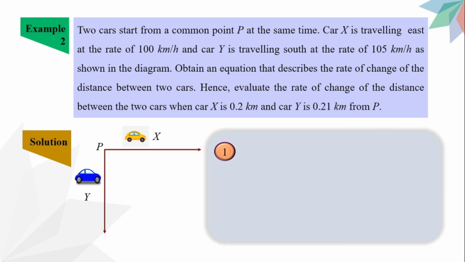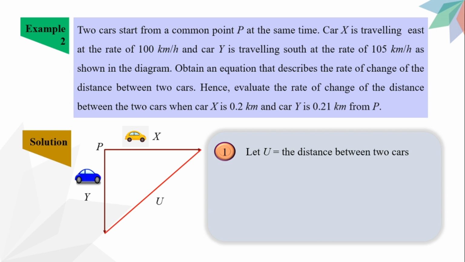Since you are given the diagram, you just write down the numerical information. In the diagram, x represents the distance driven by car X and y represents the distance driven by car Y. And we let u be the distance between the two cars.